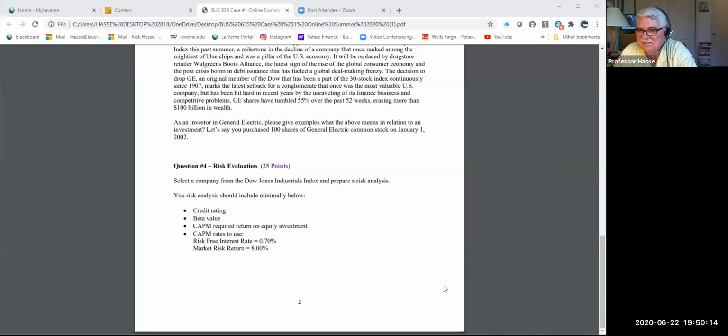This is going to lead us into other things next week. I want you to do that calculation. I give you the risk-free rate. I give you the market return rate. You have to find and locate the current beta of the company. You can do that in Yahoo Finance in about 10 seconds. And then you put all these together in the capital asset pricing model and you come up with a percent.